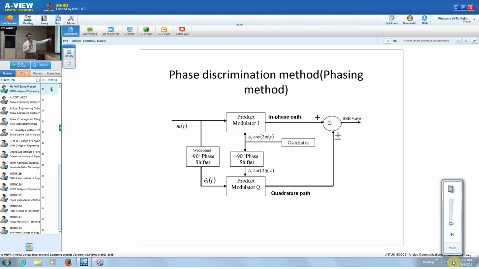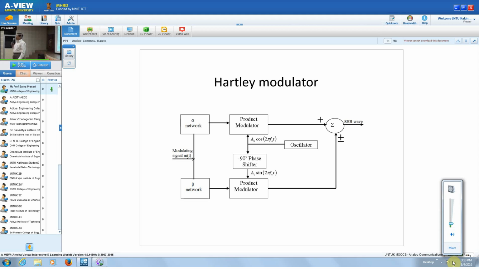But here, as we are saying, 90 degrees phase shift for all frequency components is not simple. So what can we do? Instead of shifting the entire thing, next slide, we are going to shift the input for both the product modulators.